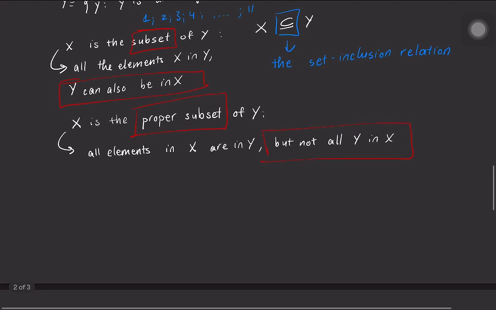So we denote the proper subset X of Y like this. And this is called the set relation without the inclusion.